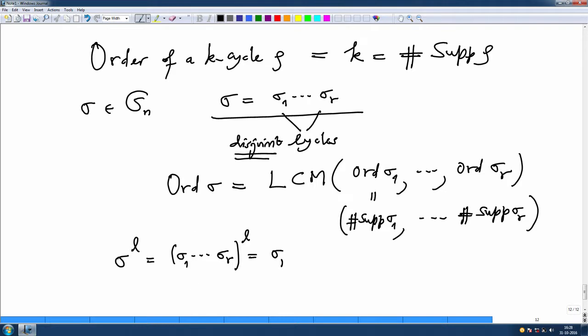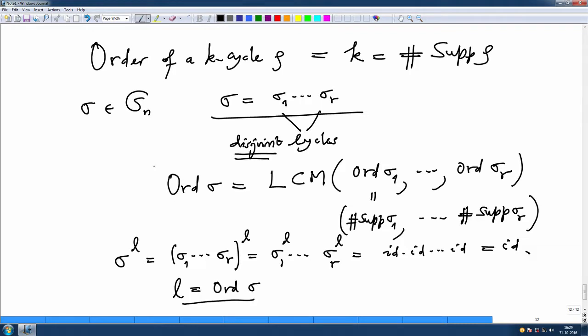This is sigma 1 power L, sigma R power L, but this L is a multiple of each order, therefore already that will become ID, next will become ID, and so on. So, this is ID. That shows that the LCM works, and anything smaller will not work, so L is the order of sigma.